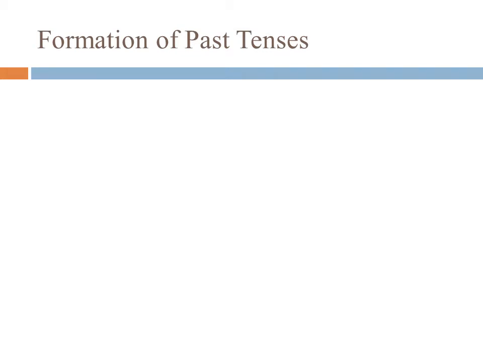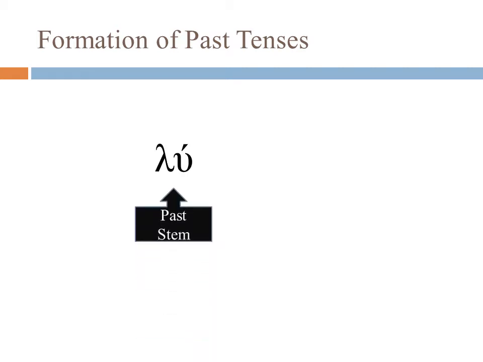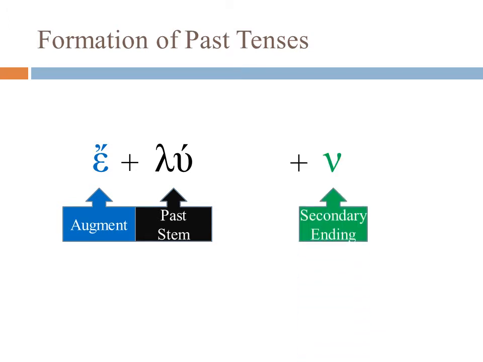Formation of past tenses. This is going to be a general formation of past tenses and not the one that we're going into next. So we begin with a past stem, and we'll look at the different types of past stems. It must have an augment, usually an epsilon. It has secondary endings.